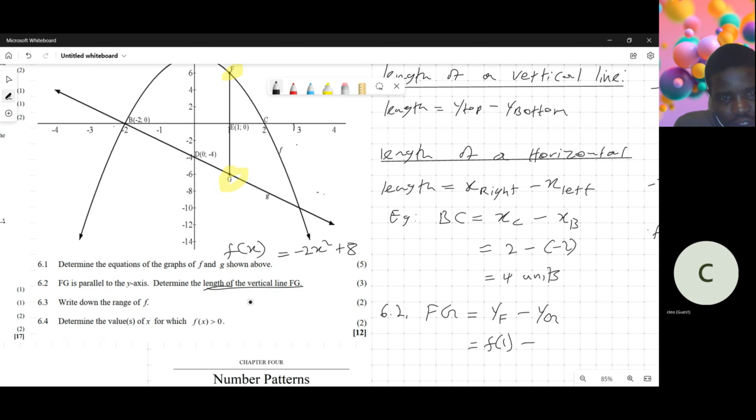So we take the equation g of x equals, if you can remember, negative 2x minus 4. This is the equation that we calculated. So the value of y at G will be the same as g of 1. Remember, we're doing this because we don't have the values of y at F and y at G. So what are we doing now?